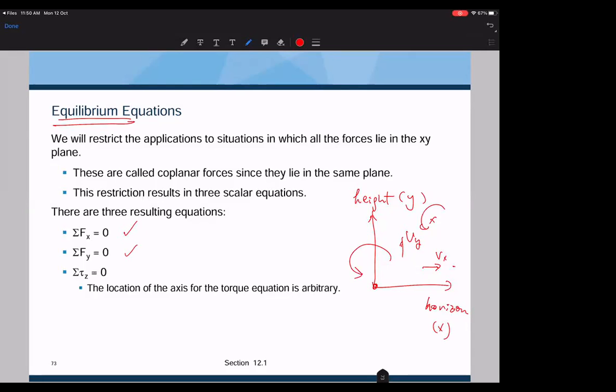The torque about the z-axis has to be 0. And the torque is actually about any axis that goes perpendicular to the XY plane. And the location of the axis is actually arbitrary.